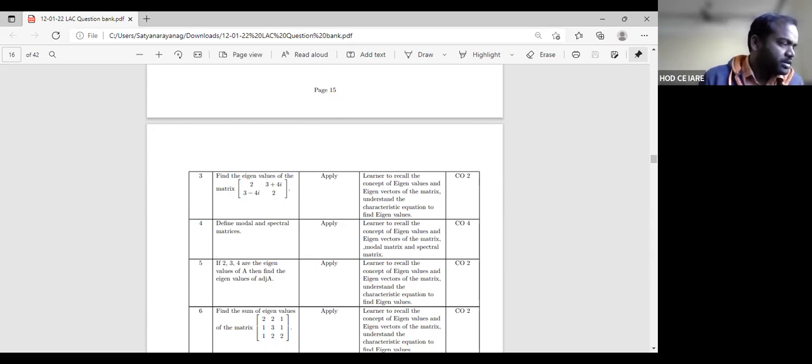If lambda is an eigenvalue of a non-singular matrix, then det A by lambda is the eigenvalue of the adjoint matrix. Okay, we can write the det of the matrix there. So det A by lambda values are the eigenvalues of the adjoint matrix.